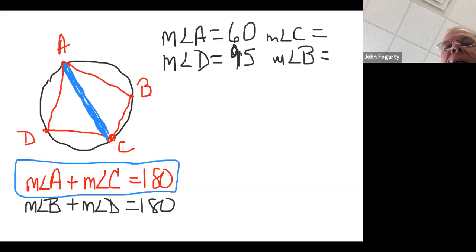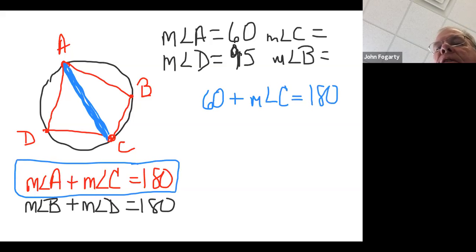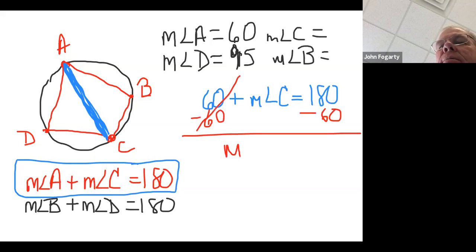We know what A is. What's A? They told us 60 plus the measure of angle C equals 180. Well, if I subtract 60 from both sides, the measure of angle C is 120.